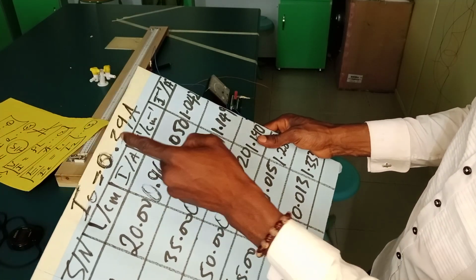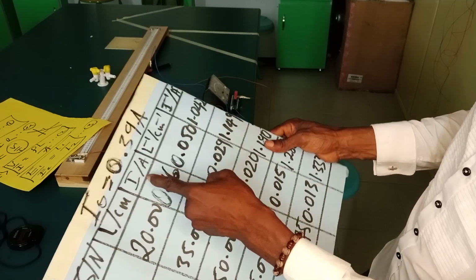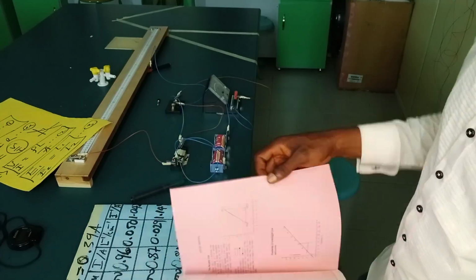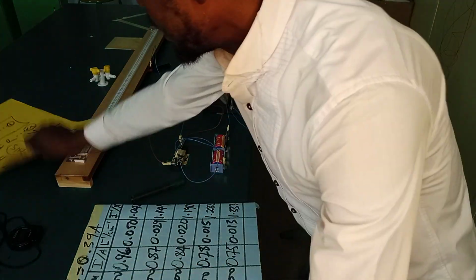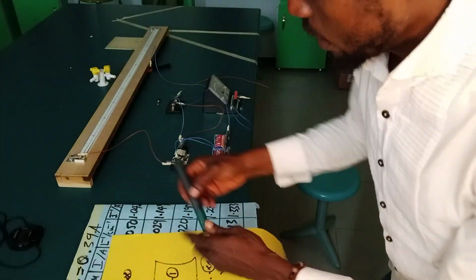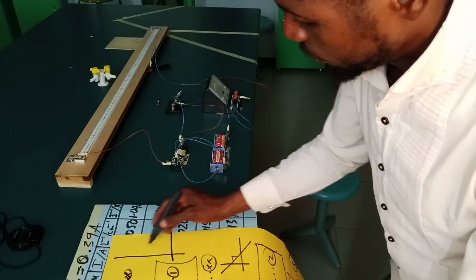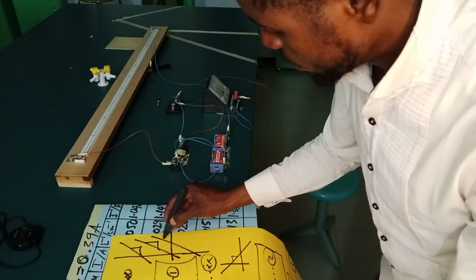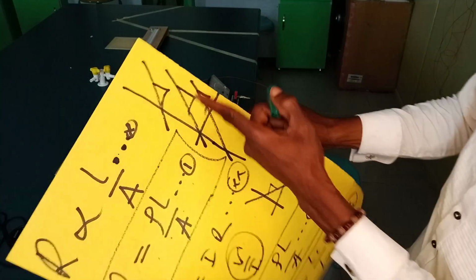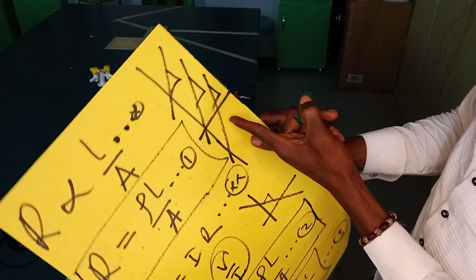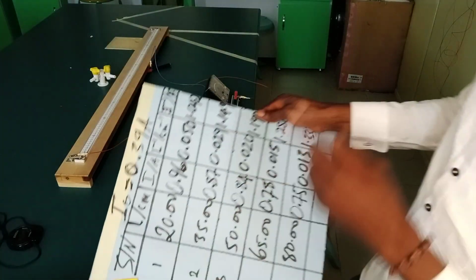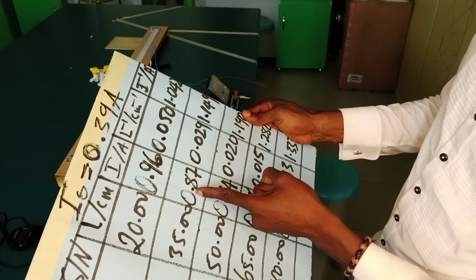So any of these graphs, I against L inverse or L inverse against I, will give you a graph that looks like this. This graph or this graph or this graph. Take notes. Now, I am taking time to explain this.